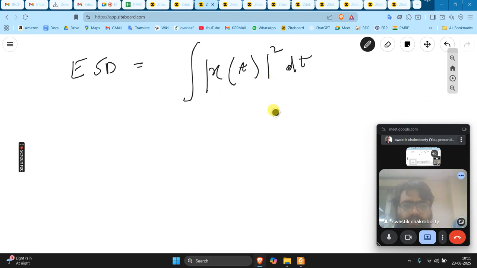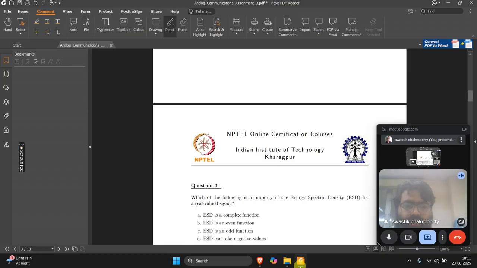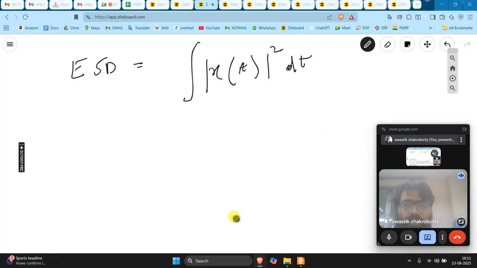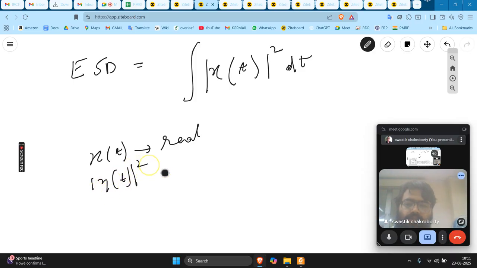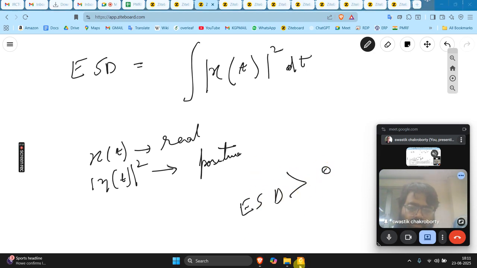Now if xt is real, then mod xt square is bound to be positive. Even if it's not real, it is bound to be positive. So mod xt square is always positive. So ESD is always positive. That is one property of ESD. That is granted. But that is not specific to it being real.